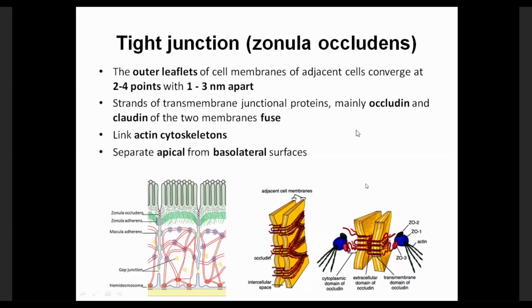Such transmembrane proteins number about 40. They are plenty, they are different types. Out of these, the most common ones are occludin and claudin, which are fusing in between the adjacent cells.